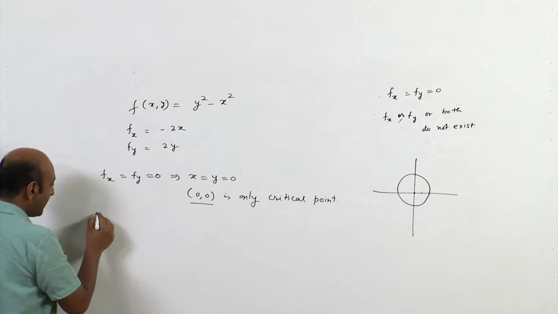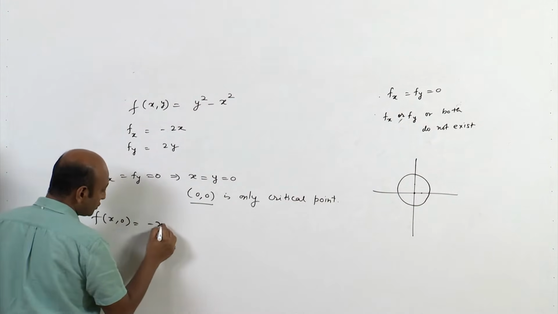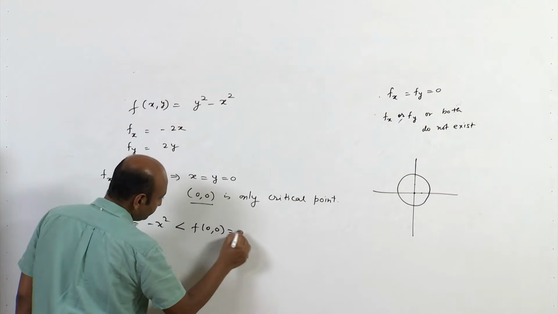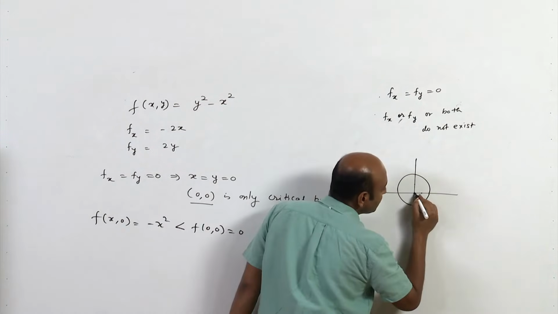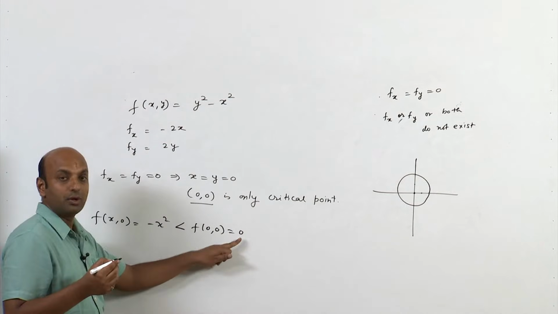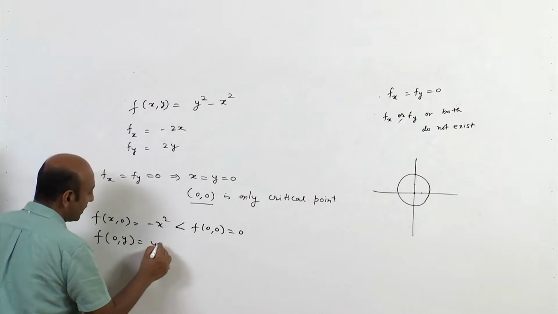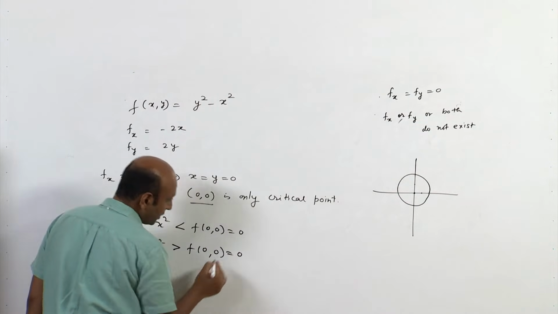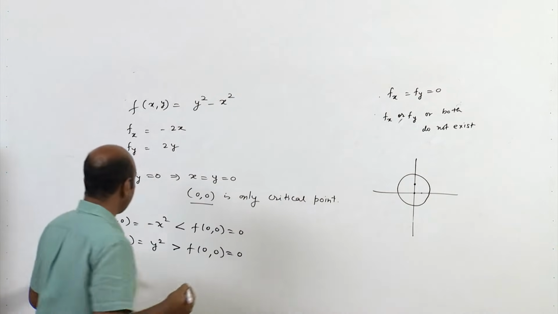So, f at (x, 0) for this function will be minus x square, which is always less than f(0, 0), which is 0. There is always some point on the x axis where the value of the function is less than 0. And if you take a point on the y axis, it is (0, y), which gives y square, and it is always greater than f(0, 0), which is 0.